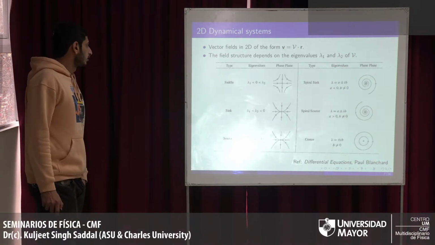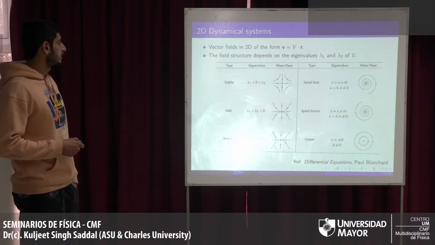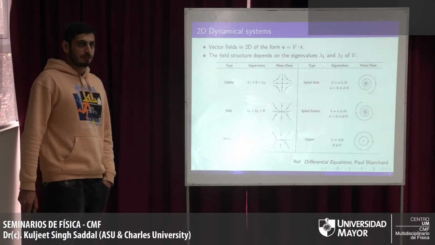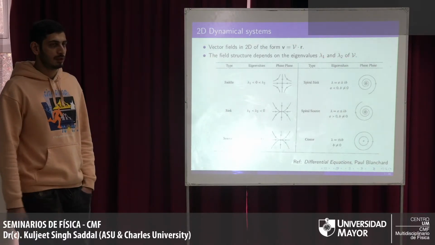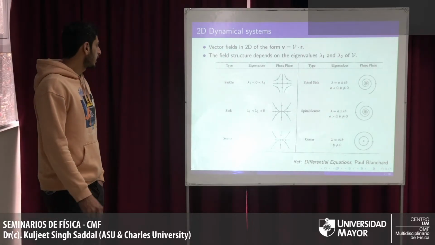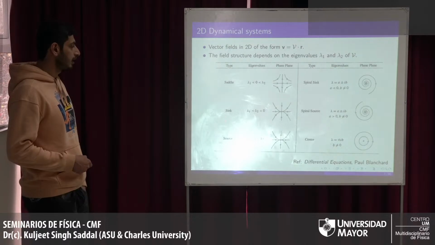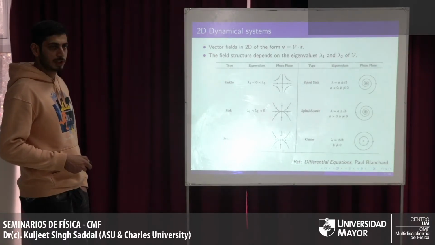Before doing that, we'd like to first see in general how vector fields of the form V equal to some matrix times R look in 2 dimensions. So the field structure depends on the eigenvalues of this matrix V. In 2 dimensions we have 2 eigenvalues, and in the table the left column represents the structures when the eigenvalues are real, and the right column represents the structures when the eigenvalues are complex.